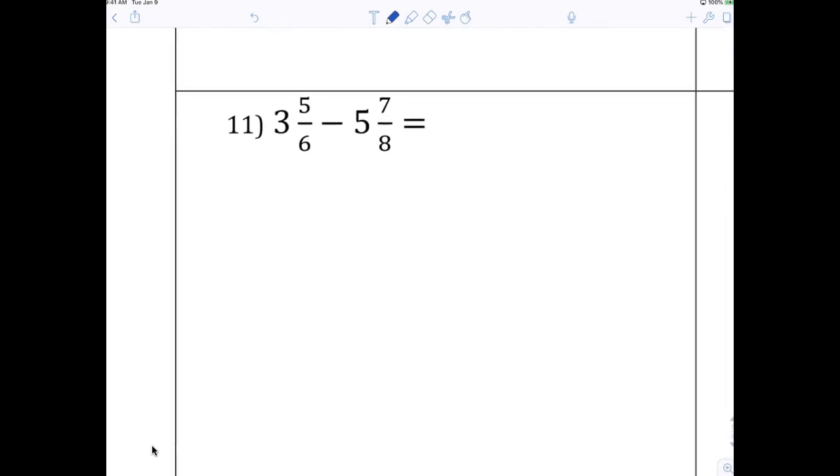Number 11. So am I adding or subtracting these? I'm definitely going to subtract. Now, here's my recommendation: I put the largest whole number on the top. So it's -5 and 7/8 plus 3 and 5/6.